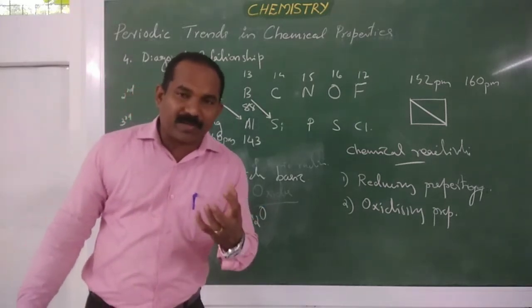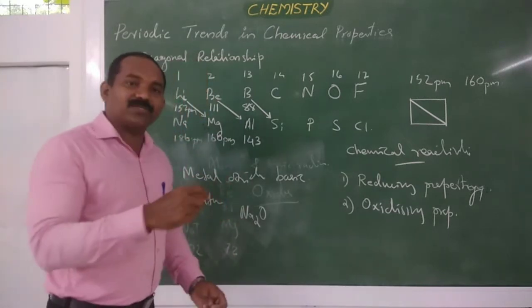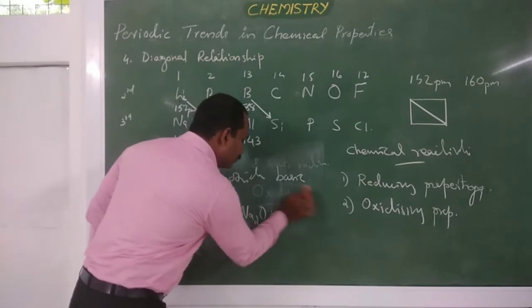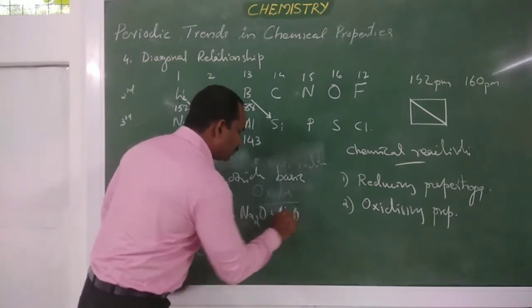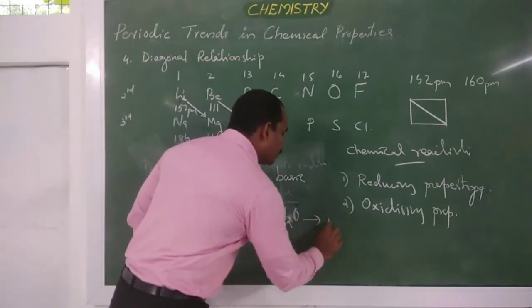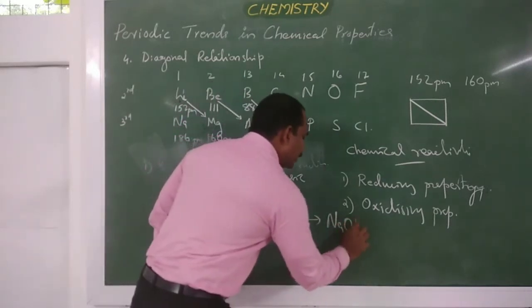How do we determine the basicity? If the oxide is soluble in water, the solution is alkaline in nature.